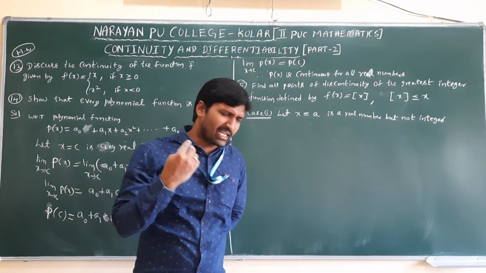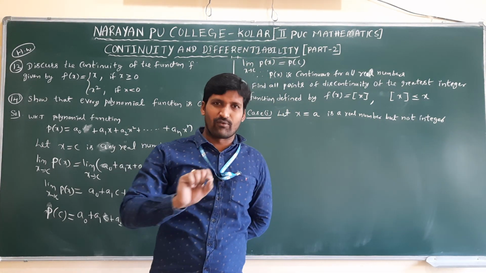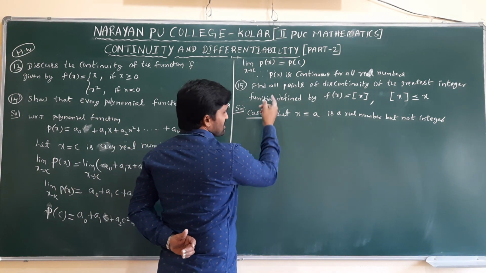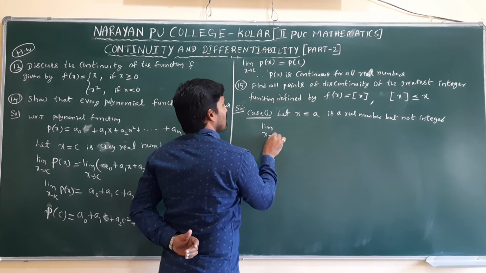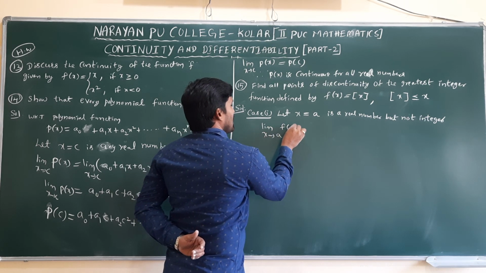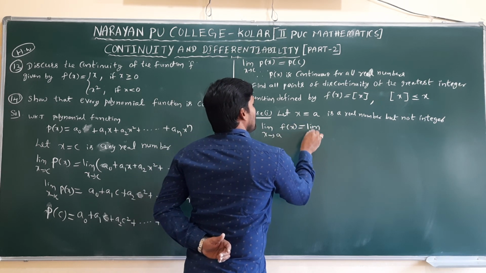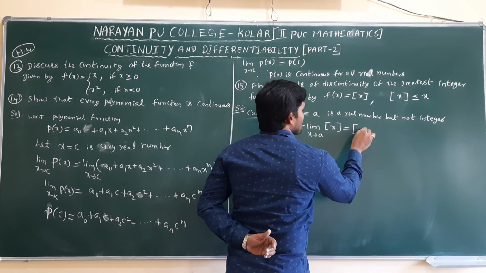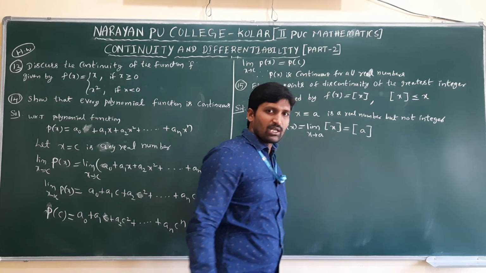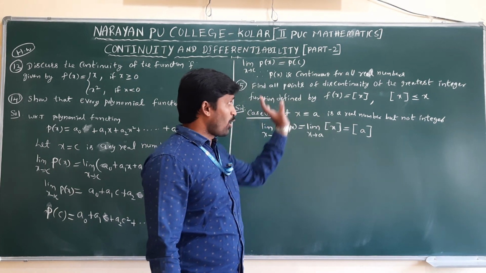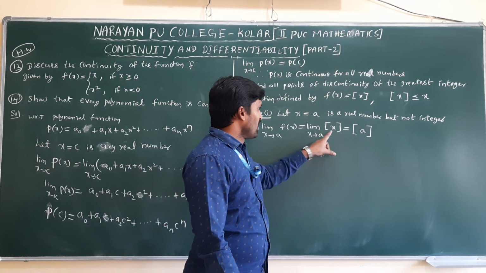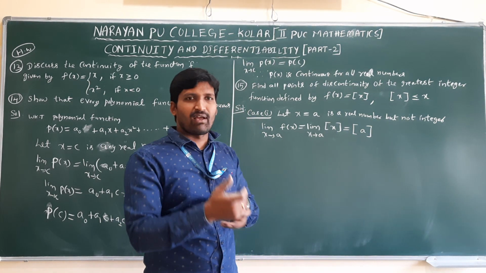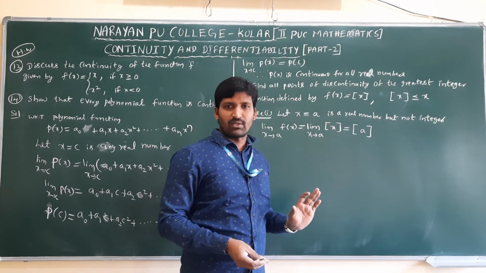It can be a rational number like 1/2, 0.5, 0.6, 2.5, 2.3, whatever. Now your function is single only, that's why the limit as x tends to a of f of x is the limit as x tends to a of [x]. If you replace, what will you get? [a] only. If a is a real number, not an integer, say 2.5, the preceding integer of 2.5 is 2. Based on the value of a, you will get that answer.